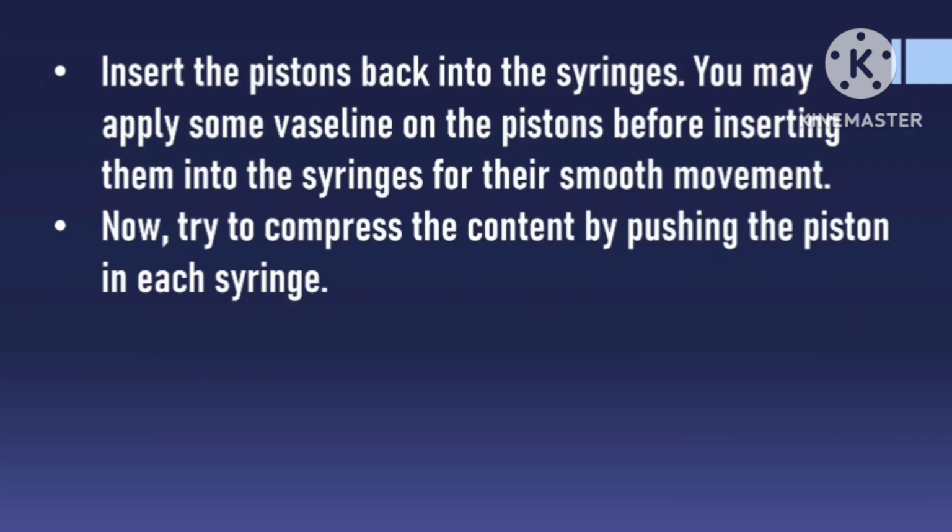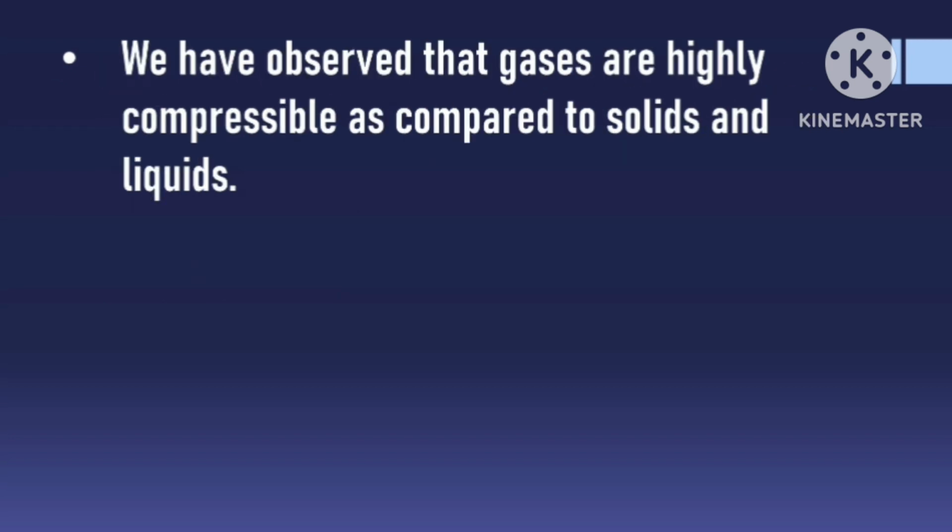Insert the pistons back in the syringes. You may apply some Vaseline on the pistons before inserting them into the syringes for smooth movement. Now try to compress the contents by pushing the piston in each syringe. We have observed that gases are highly compressible as compared to solids and liquids.